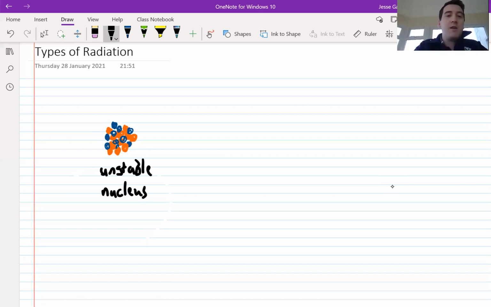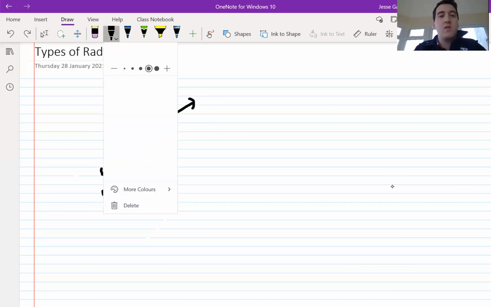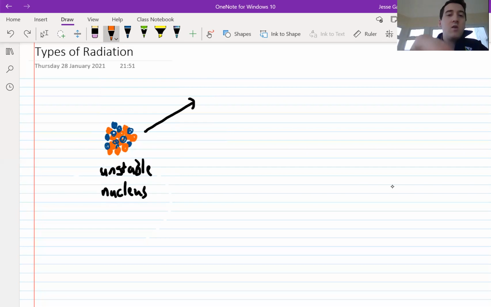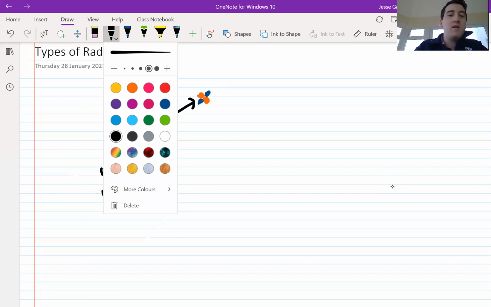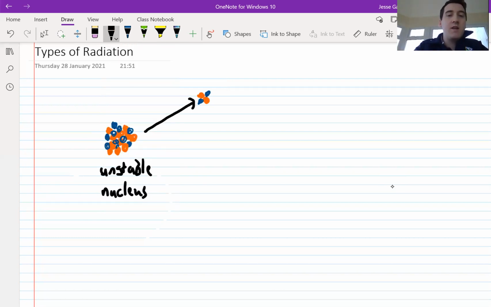So eventually what's going to happen is that a particle of some kind is going to be given out. Sorry, I should actually use the same colors again. So obviously it's a particle. What do we mean? Well, we mean some of the protons and the neutrons. I'm not going to name this right now, I'm just going to talk about a general particle. So sometimes a particle is emitted. We say emitted particle. It's given out.